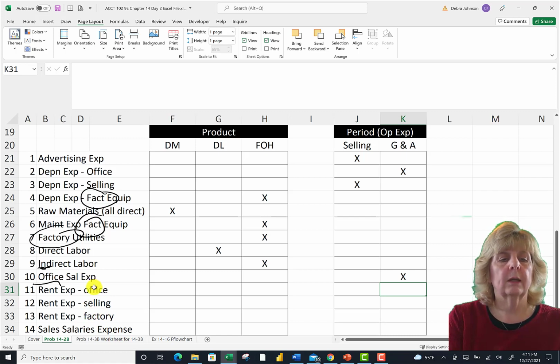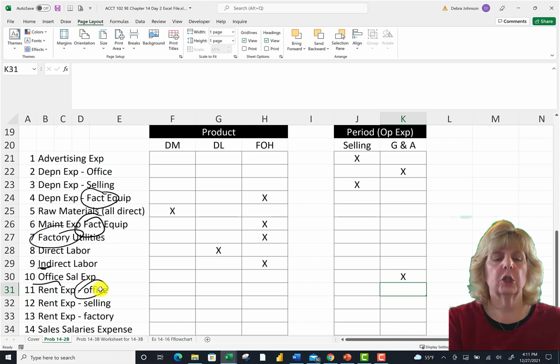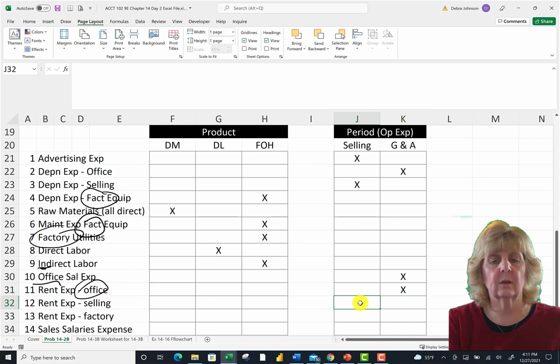The office rent, again, as soon as you see the word office, tells you that that's a G&A cost. The selling expense, that would be on the retail facility or things related to the retail facility. That is going to be a selling expense.